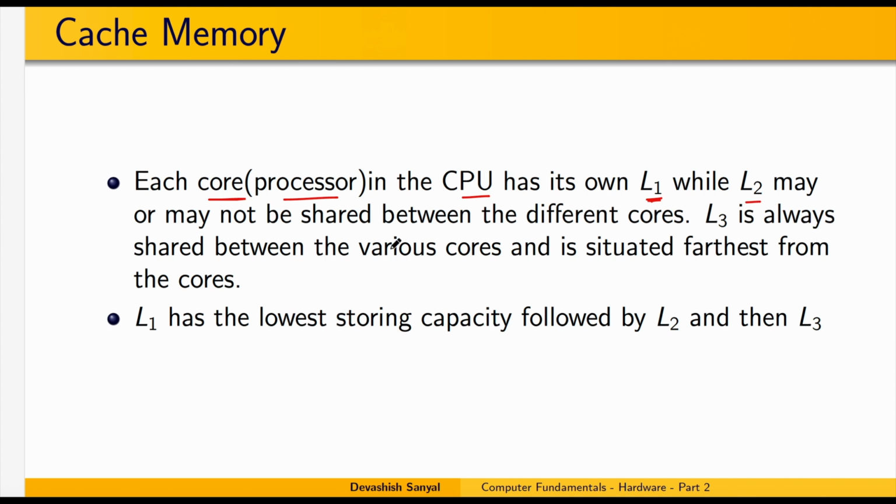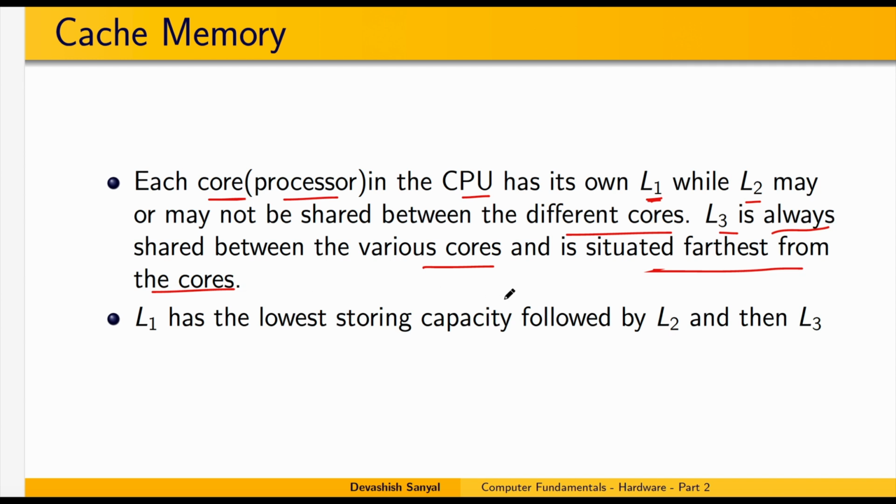While L2 may or may not be shared between different cores. It can be that this L2 cache is shared between, say, 2 cores. But L1, each processor has its own. And L3 is always shared between various cores and is situated farthest from the cores.